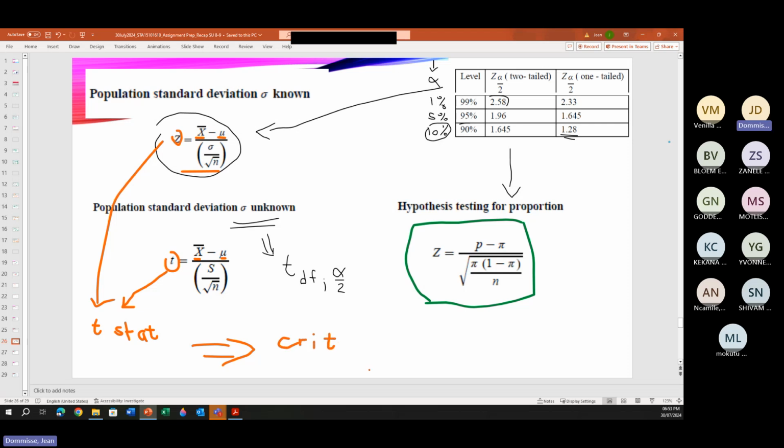Okay, so if you test it against your critical value, if it is a Z value, we use the Z table. And now, as in the one we just did, because it is a T value, we use the T table.